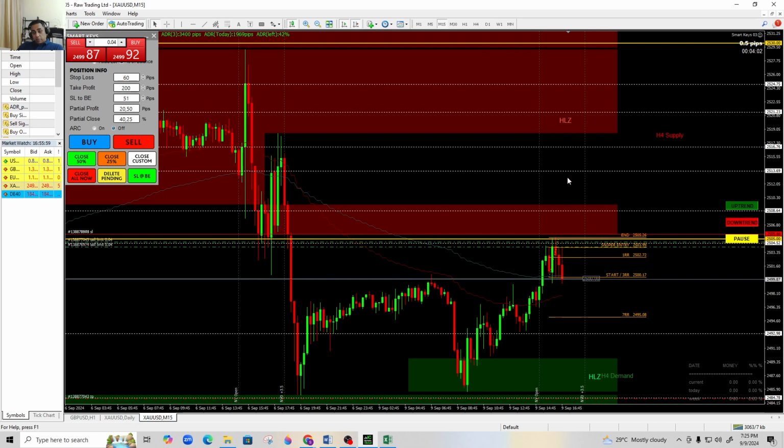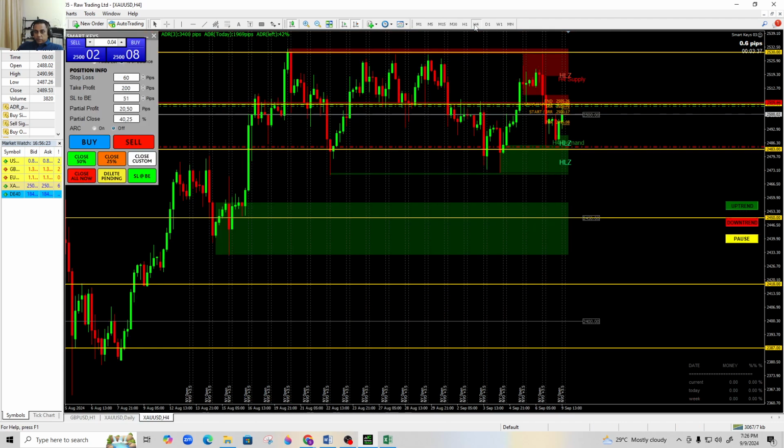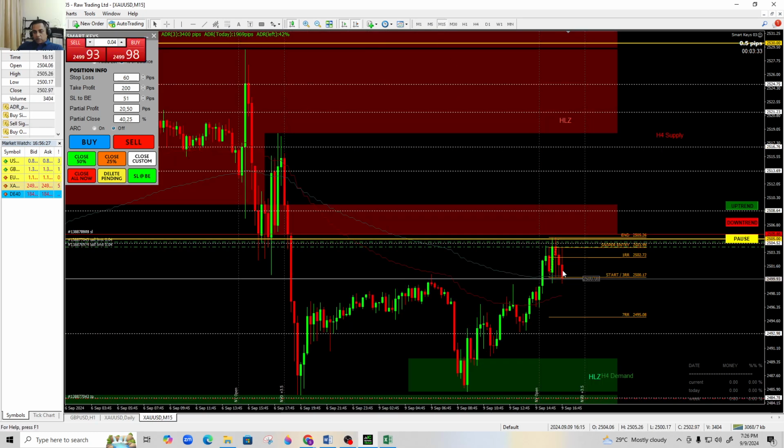It could push price up, break the high of the previous H4 candle, which is 2505, grab liquidity and continue down, or just create a top wick on the H4 and continue down another 100 pips. Either of those two scenarios can happen. The first scenario I wouldn't like, because that will stop me out.